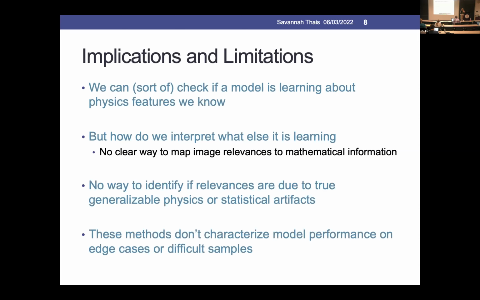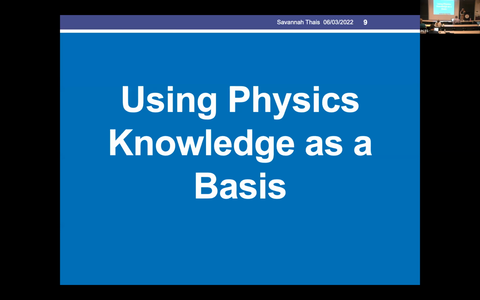And they also don't give us performance on edge cases or difficult noisy samples. So it's helpful, but not the full answer, I guess, is the takeaway. So there has been some other interesting work in ways that we can perhaps get a little bit more mathematical about our interpretation tools.